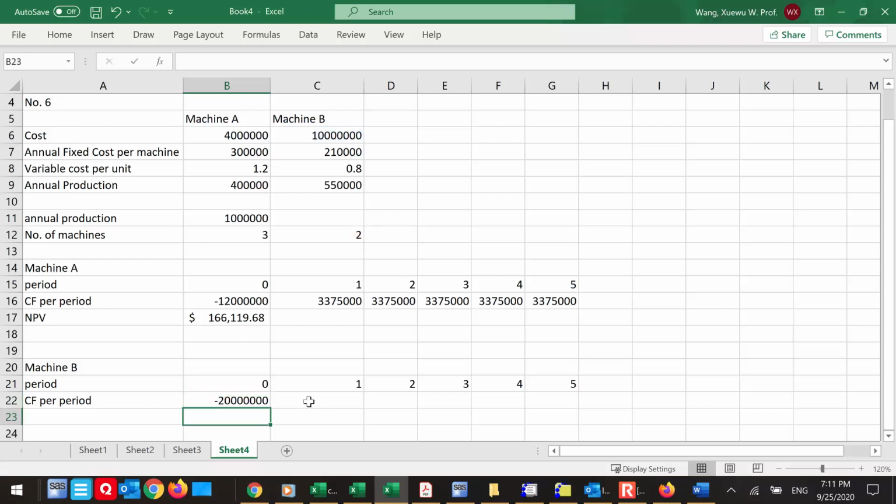Okay, and let's look at the after-tax cash flow if you go with machine B. First of all, they're producing this amount of units, and you're actually selling it for $6. Okay, and you need to take out the variable cost, which is actually 80 cents per unit.